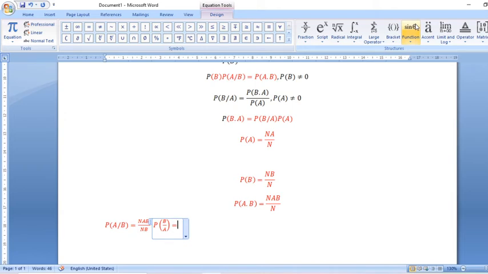That will be equal to NBA divided by NA. NBA is the number of favorable cases corresponding to the joint event BA, divided by, out of NA observations or occurrences corresponding to the event A. So inside A, what is the probability of joint event BA?